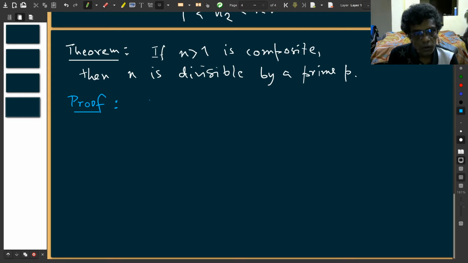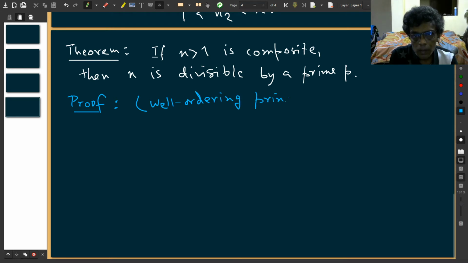Okay, so now I will use the well ordering principle. Without this well ordering principle, essentially nothing useful will follow.